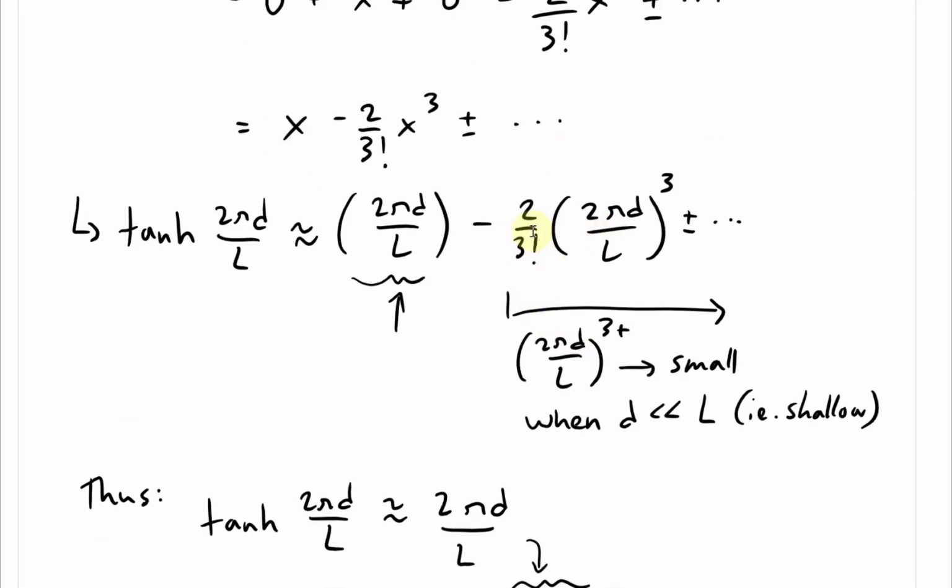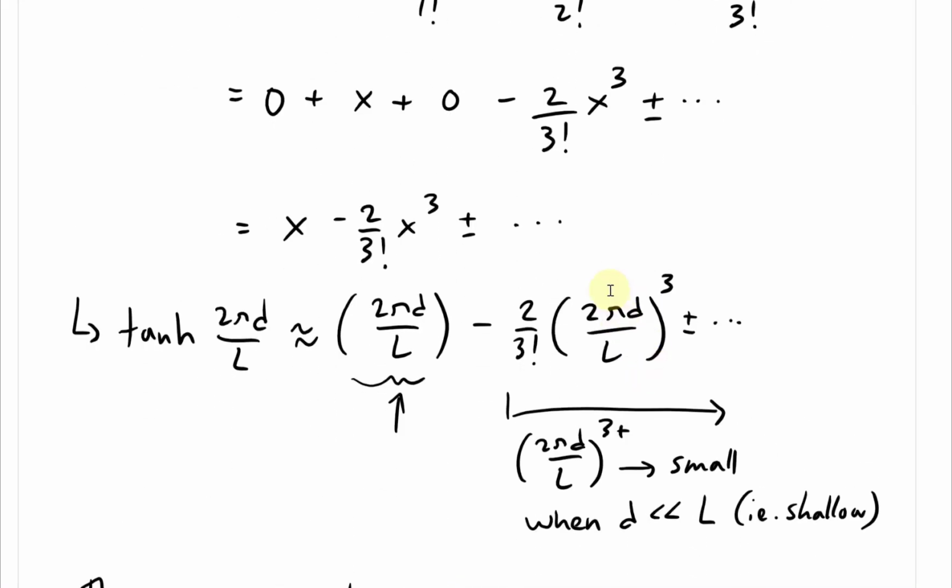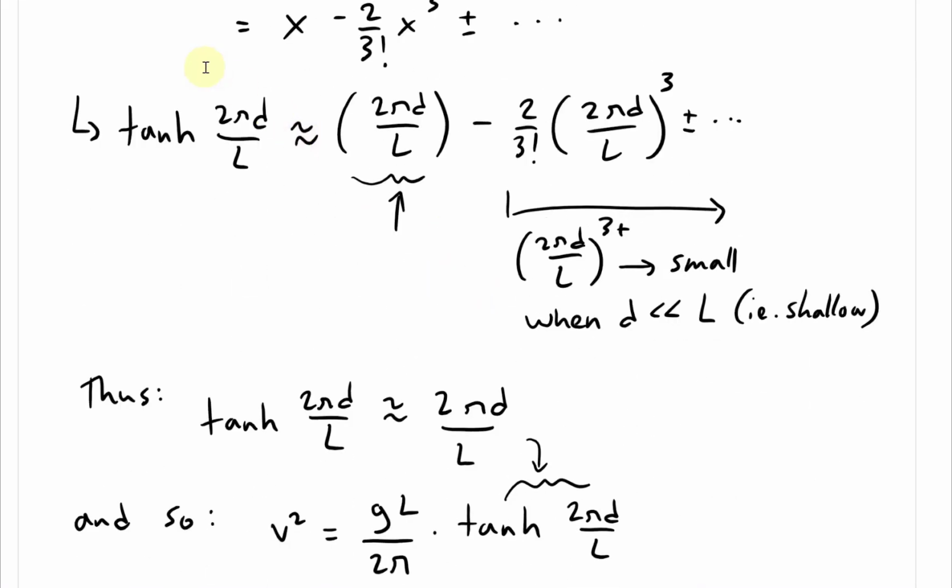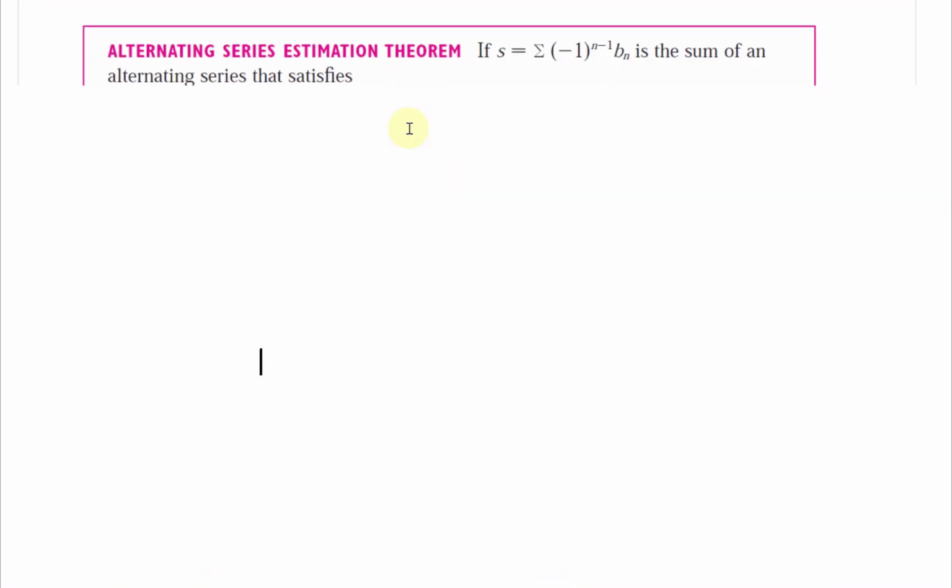This is small, 2 pi d over L, because d is much less than L, and the successive terms are getting smaller and smaller, going towards 0 as each term goes to infinity. So this is our approximation, and our first neglected term is this one here. We're going to use this for our alternating series estimation theorem.